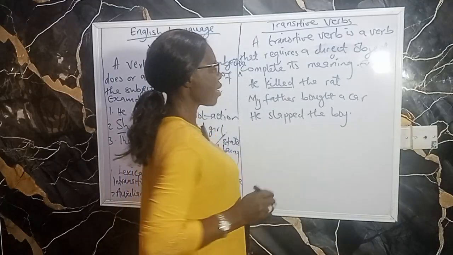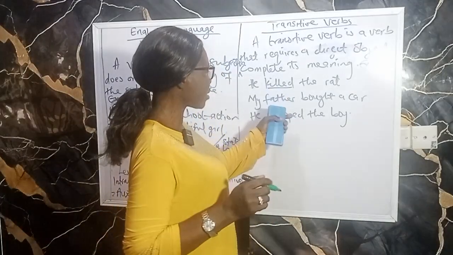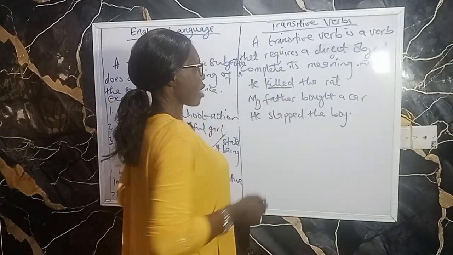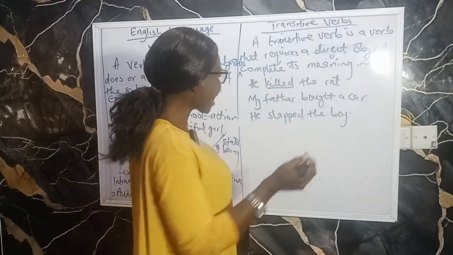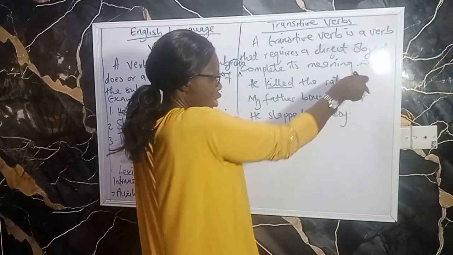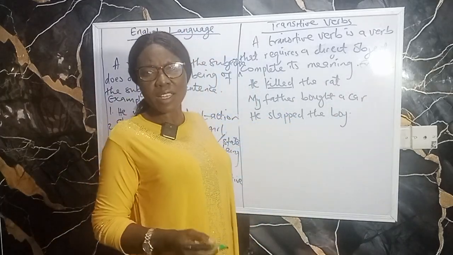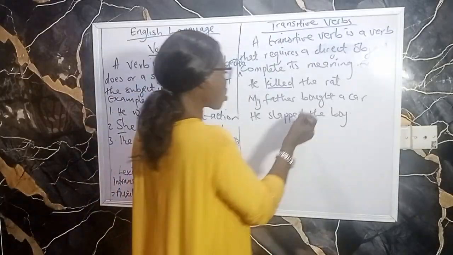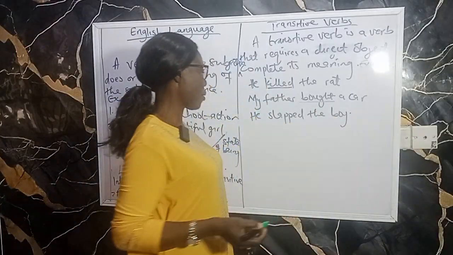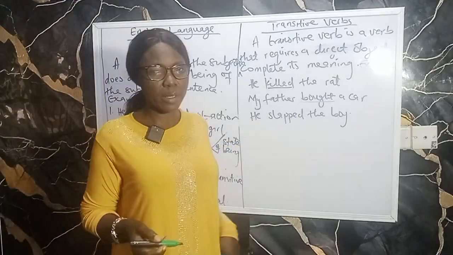A car there is the object of this sentence. The action of the father is transferred to a car. I mean, the action of bought is transferred to a car. So a car here now is an object, a receiver of the action. So it's a transitive verb. He slapped the boy.